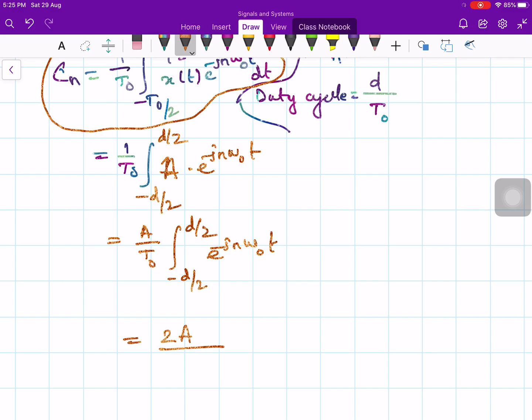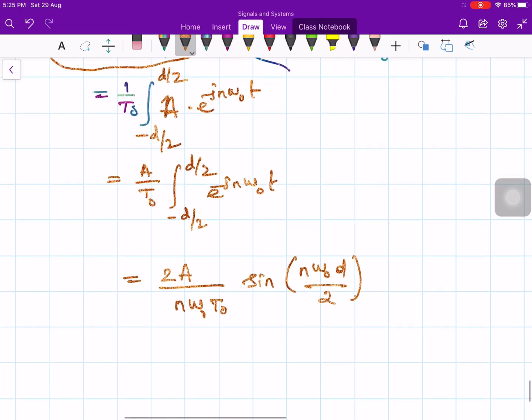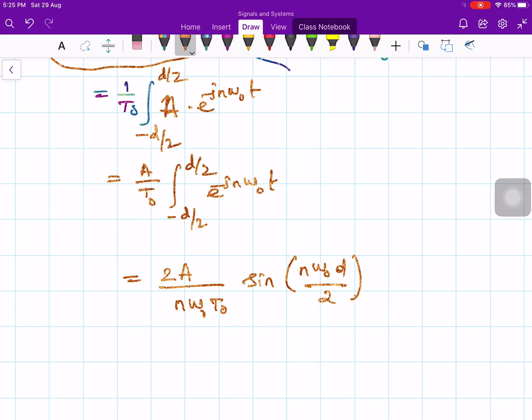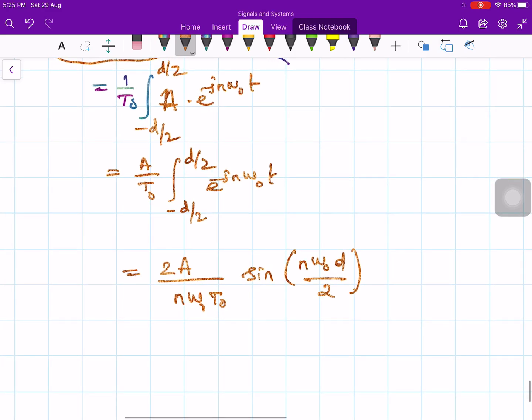2a times n omega naught t naught sine of n omega naught d by 2. Okay, so we can rewrite this slightly. Like in the denominator, you multiply numerator and denominator by d by 2.